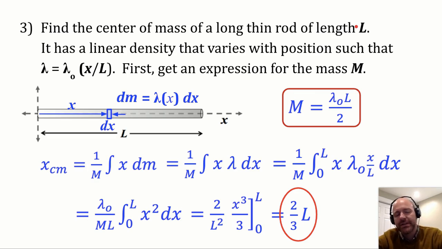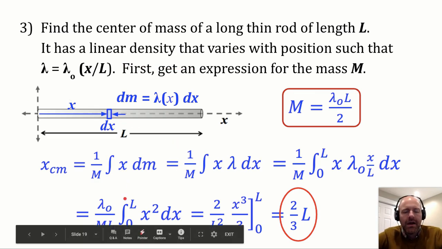So this is actually going to have to be an integral from 0 to L of lambda dx to find it, where lambda is x over L. And that's how we got the total mass. But once you find the total mass, you can plug that in. We have a few extra terms here, and we find out that the center of mass is 2/3 L.